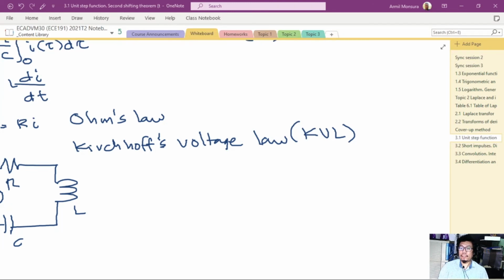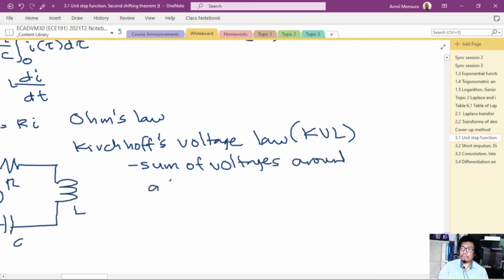This KVL states that the sum of voltages around a loop is 0.